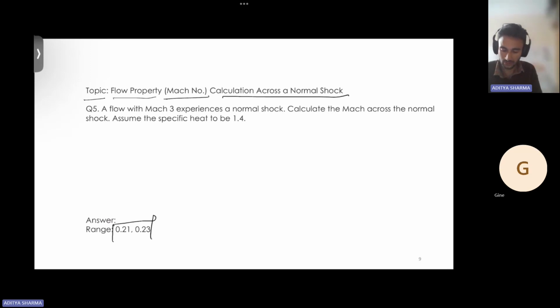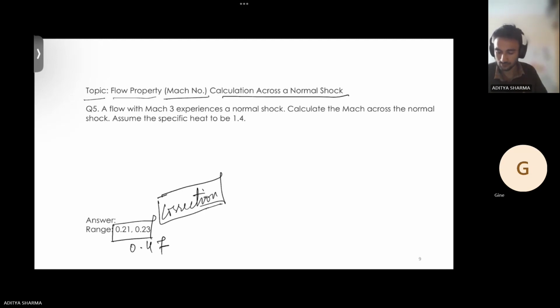When I calculated, I didn't take the square root of this M2 squared. Then I made a mistake here. So it should have been 0.47. So yes, the answer should have been this. Right. Okay.